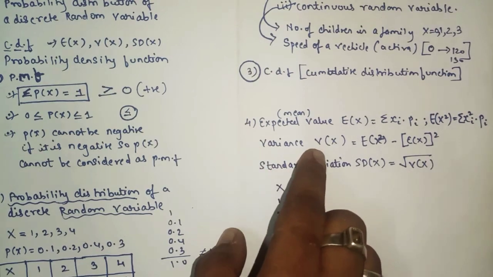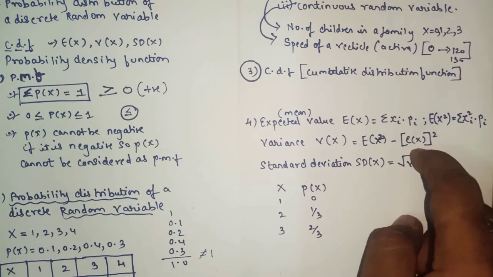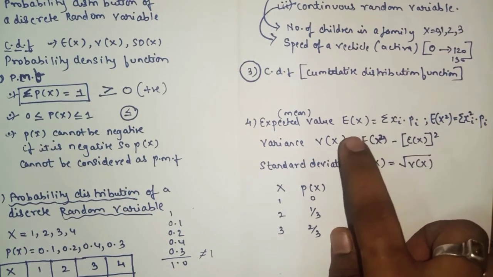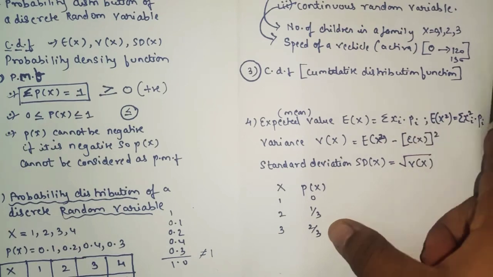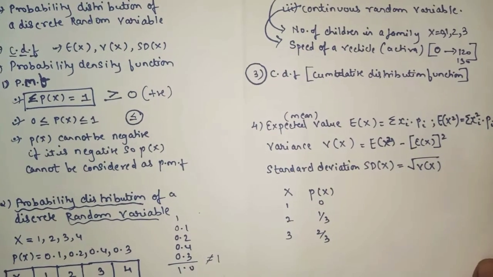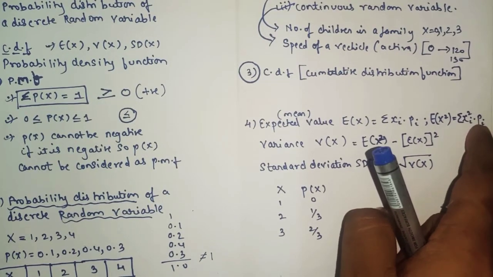For variance it is E of x square minus E of x the whole square. So before finding variance, first you will find E of x square, which is the total of xi square into pi.